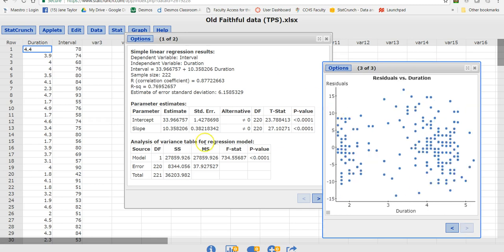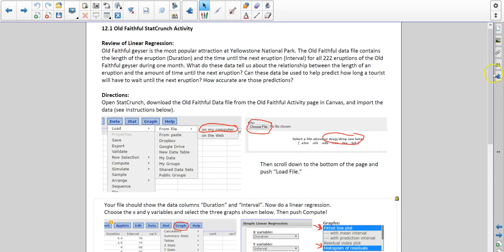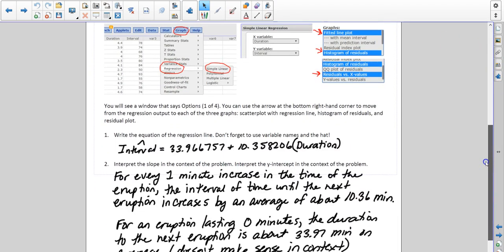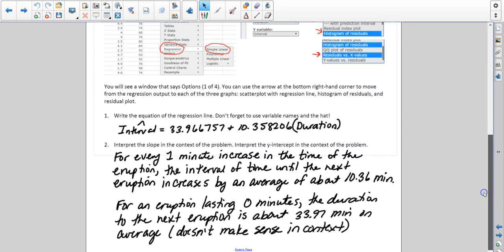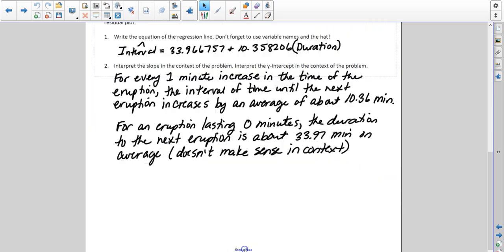Okay, so you should have all this information now, and now we're going to write about it. So let's go back to our file here and look at what we've got. Write the equation of the regression line. So there it is. Now we want to interpret the slope of this line. So here's the slope that's multiplied times duration, and here's how we interpret this.